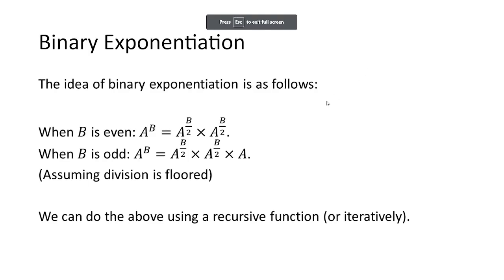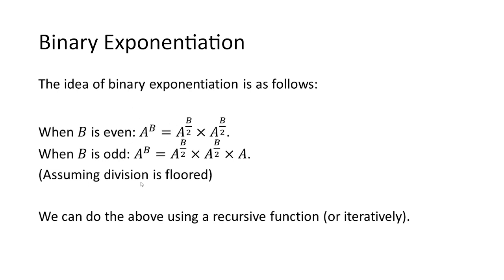Binary exponentiation revolves around this funda. If b is even, you can write a raised to b equal to a raised to b by 2 into a raised to b by 2. So somehow if you can compute a raised to b by 2, you can easily multiply it 2 times to find a raised to b.